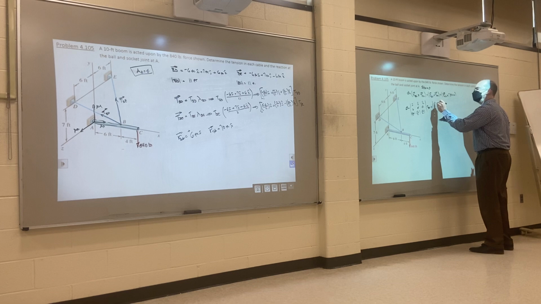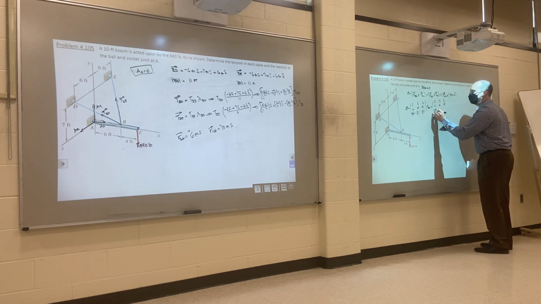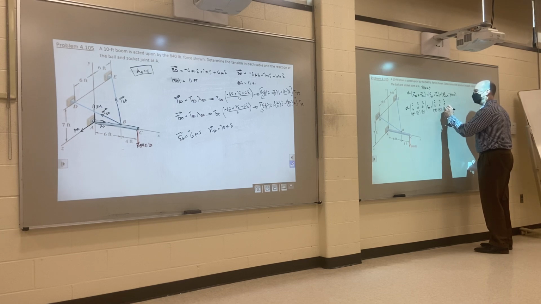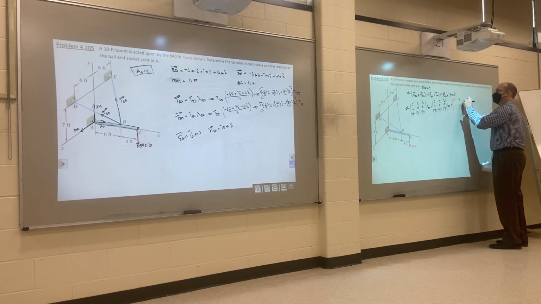Plus RB with respect to A again. 6, 0, 0, and again, negative 6/11, 7/11, and don't forget that this one is now negative 6/11, and that's TBE. And what the heck, I'll put this in the final determinant.